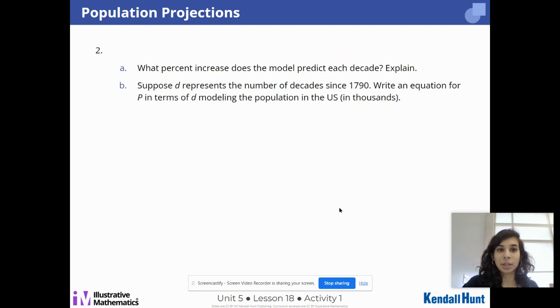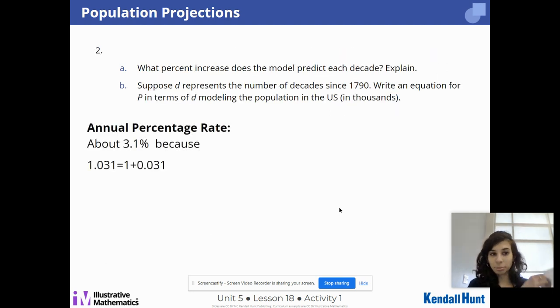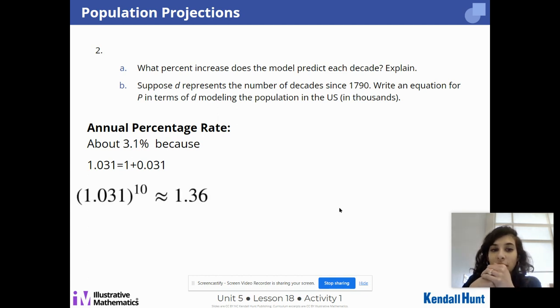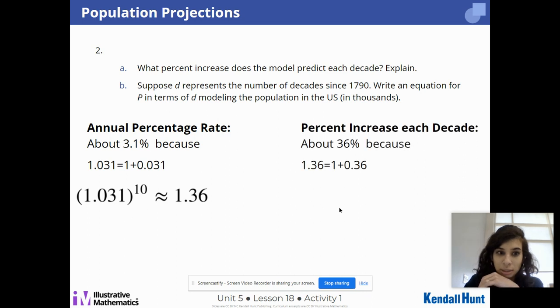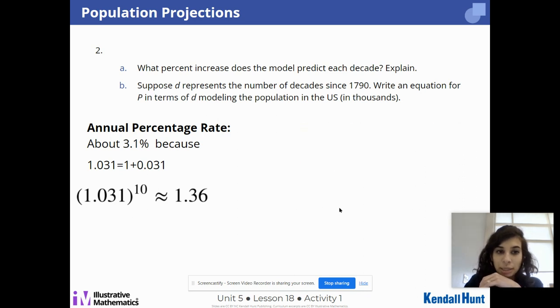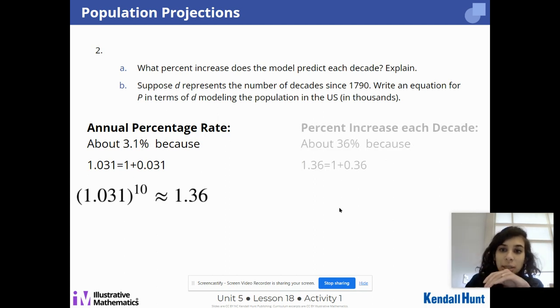So my annual percent rate is around 3.1% because 1.031 is the same as 1 plus my interest rate, which is 0.031, around 3%. How do I find out every decade? One decade is 10 years. So 1.031 to the power of 10, for 10 years, is 1.36.